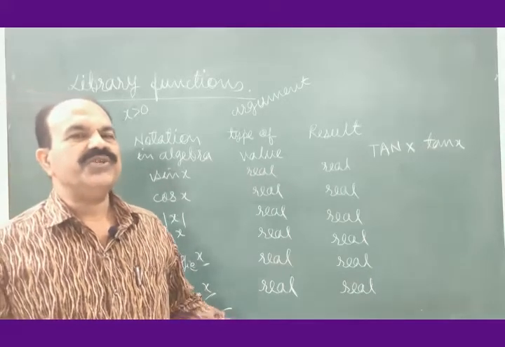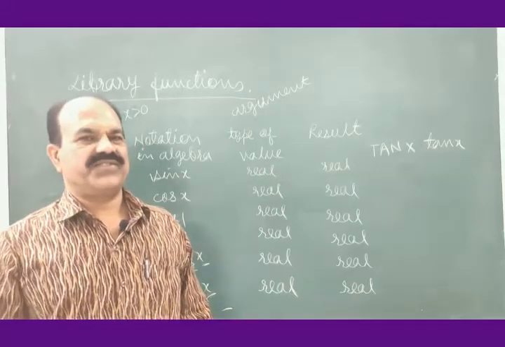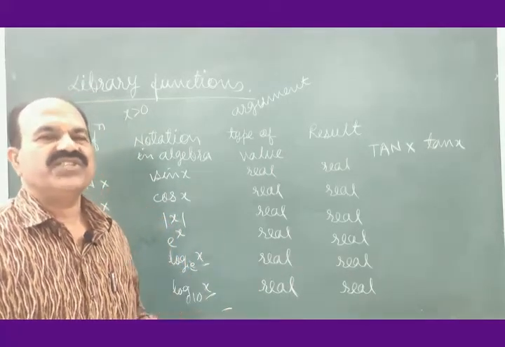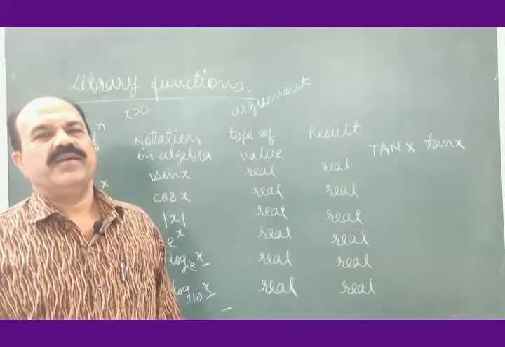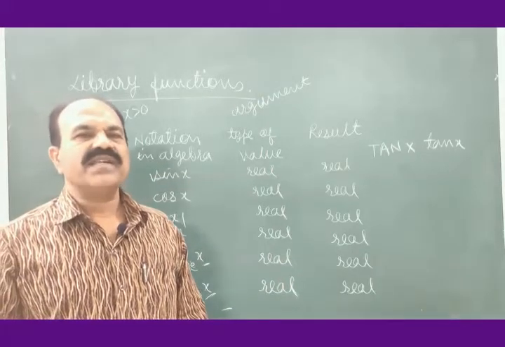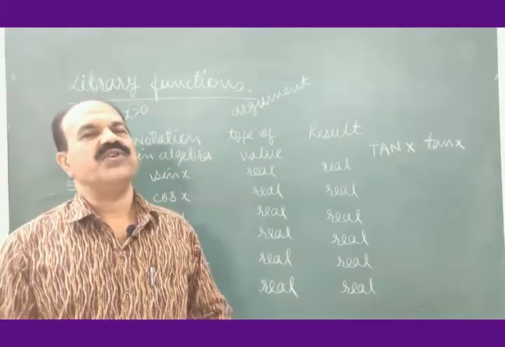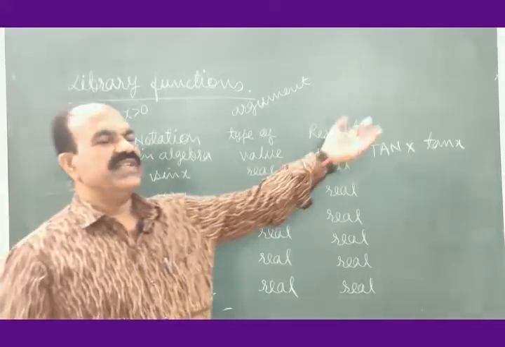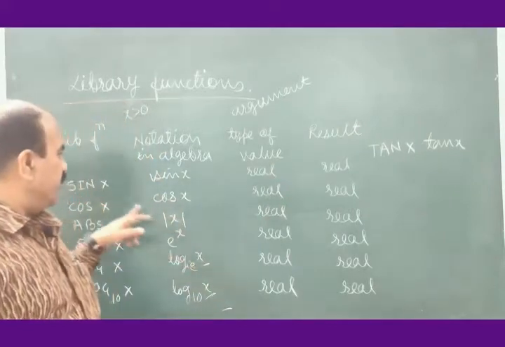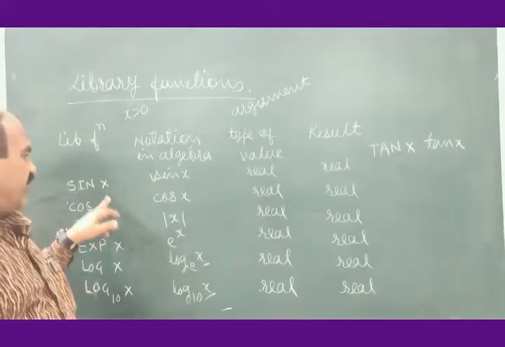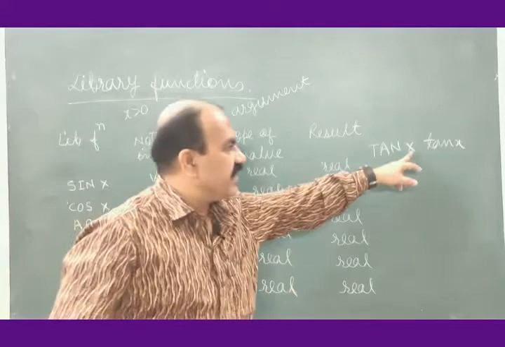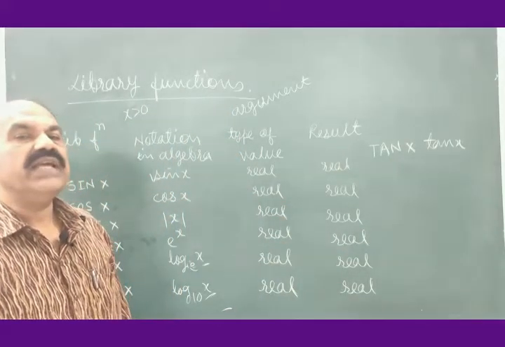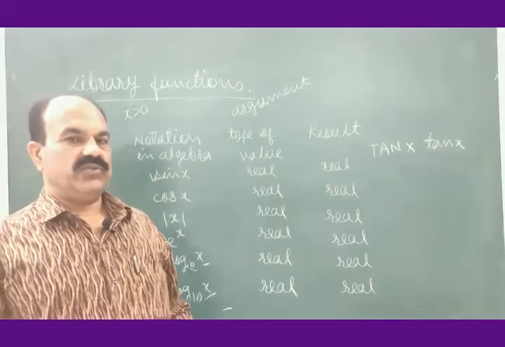We do not need to write a program to find sin x, cos x or tan x. The programs are already available in the Fortran software. Only you need to provide the argument. This x is the argument.